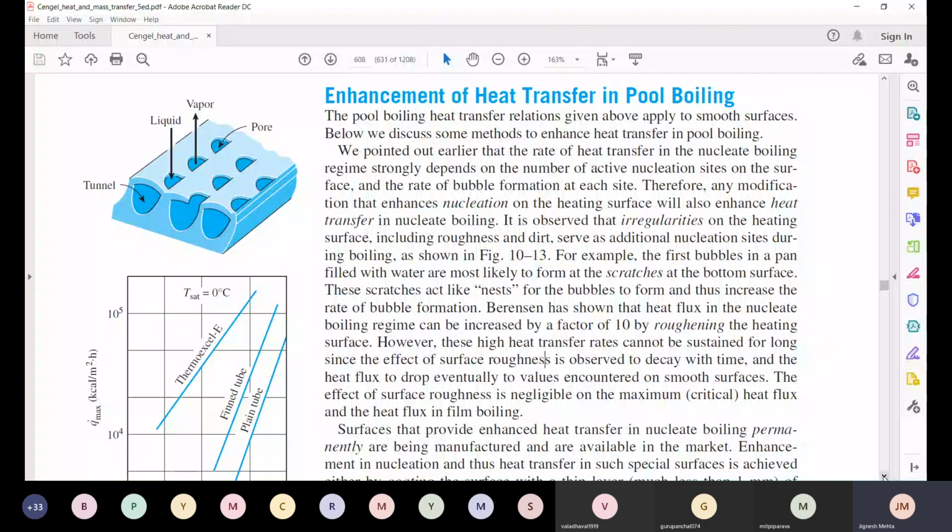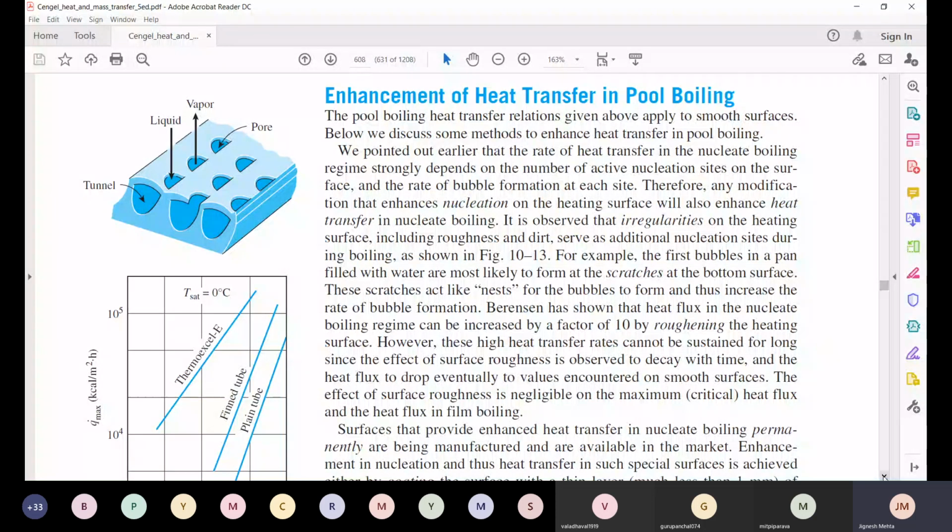like when it is a rough surface, it provides you more nucleate sites, right? More points at which the bubbles are generated, and you can expect a high heat transfer rate if the surface on which the boiling is occurring is rough. But then sometimes the crevices, because of some impurities, may get filled up.